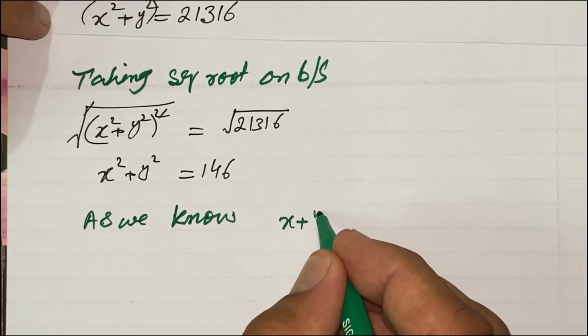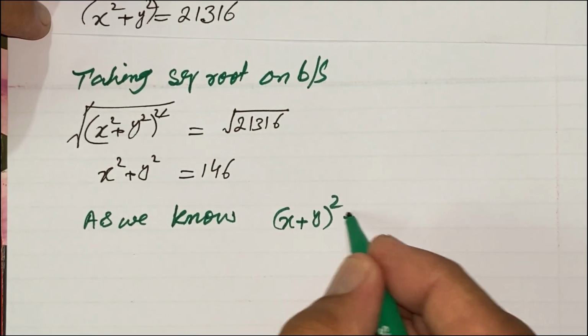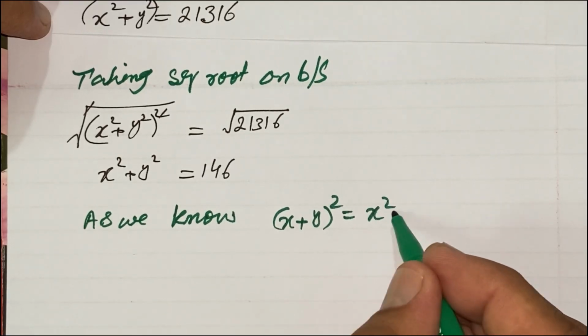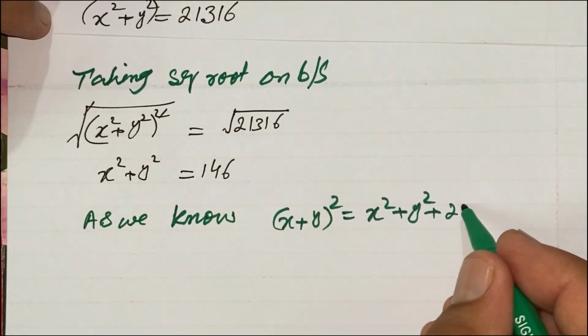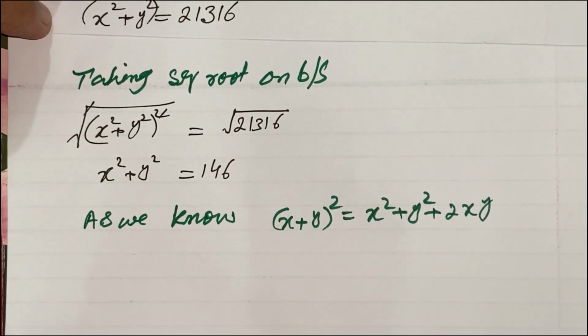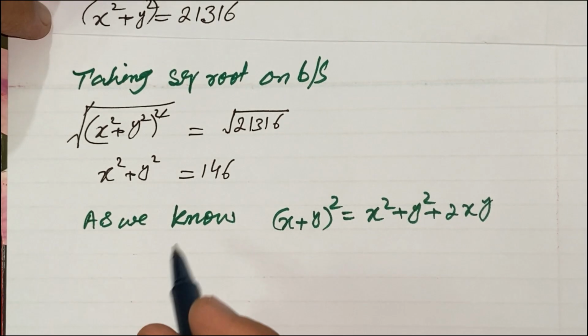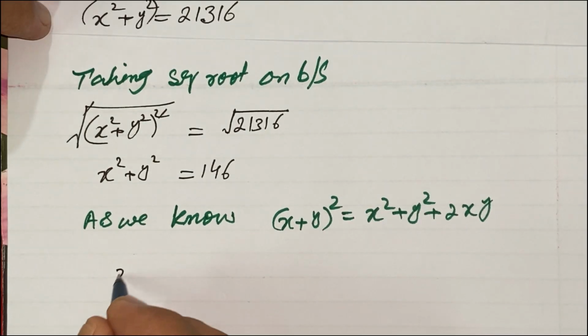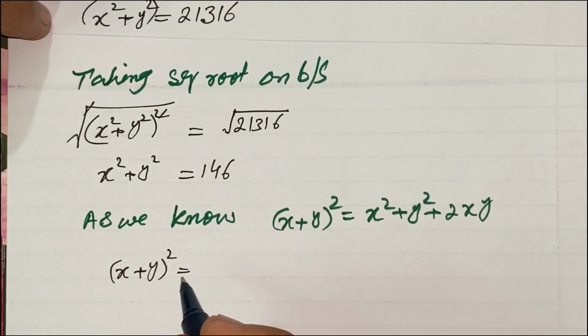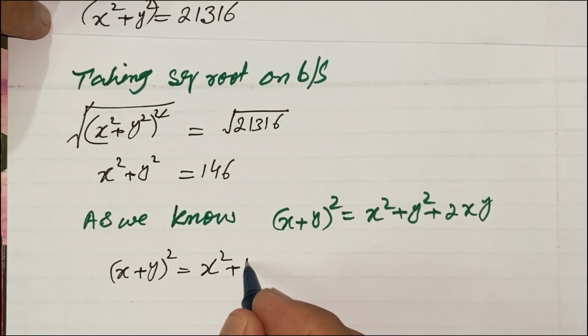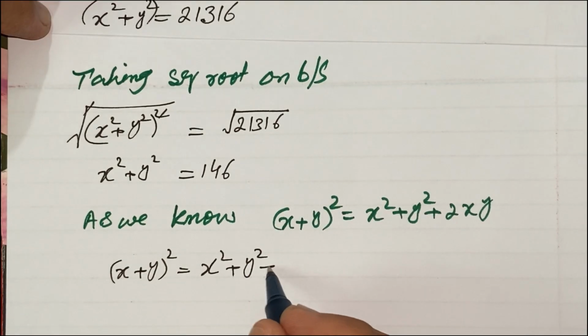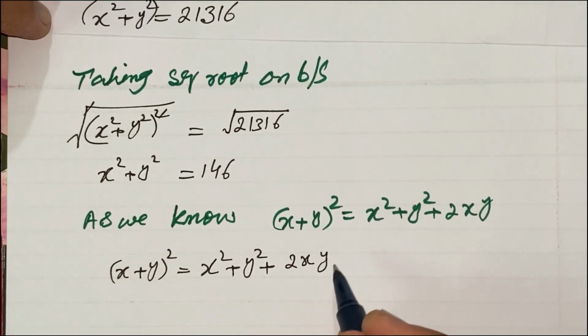x plus y whole square is equal to x square plus y square plus 2xy. Then x plus y whole square is equal to x square plus y square plus 2xy.